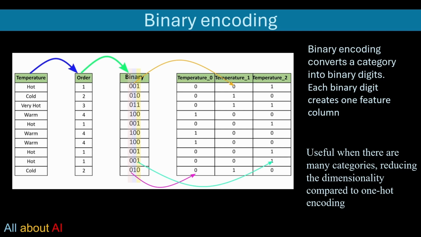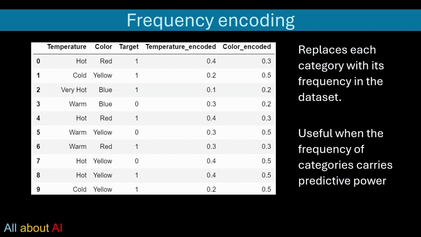So here there are 3 bits being converted into 3 different columns. And when there is a 1 in that bit-related column, those fields are turned on. So specifically, if it is very hot, it's 0, 1, 1. So if you see, both column 2 and 3 were marked as 1.